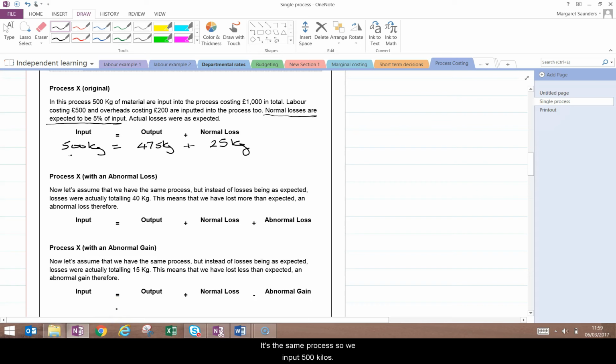So it's the same process, so we input 500 kilos. Our normal loss is still expected to be 5%. I would recommend that you always record your normal loss first. So normal losses are expected to be 5% of our input, so we know that is 25 kilos.